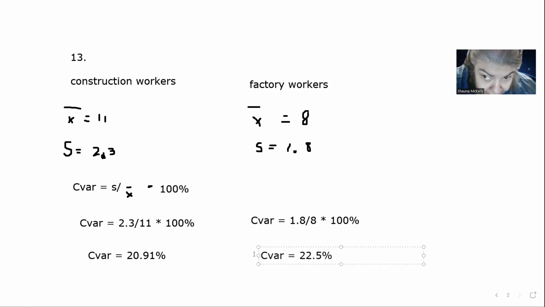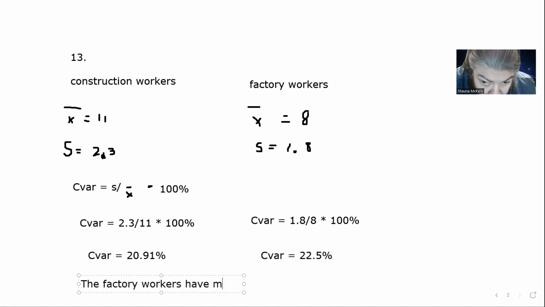So which one is more variable? Well, the factory workers. So how would I answer it? I would say the factory workers have more variability. Okay. Don't forget to answer those questions if you have them in the problem.